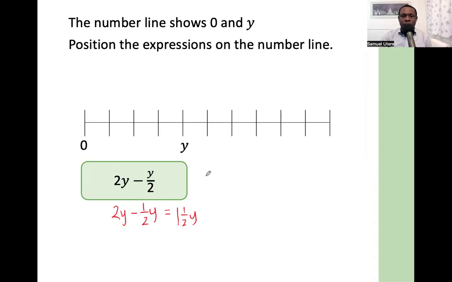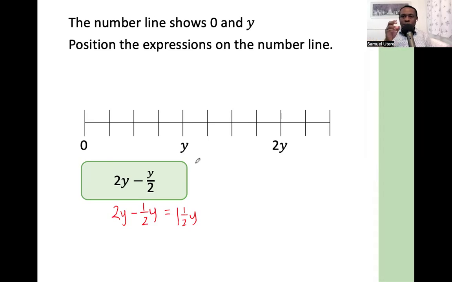But think about it. We have 1, 2, 3, 4 intervals making 1y. So the next 4 intervals will be 2y. If 4 intervals equal 1y, it's a bit like saying 0 to 1 is 4 intervals.